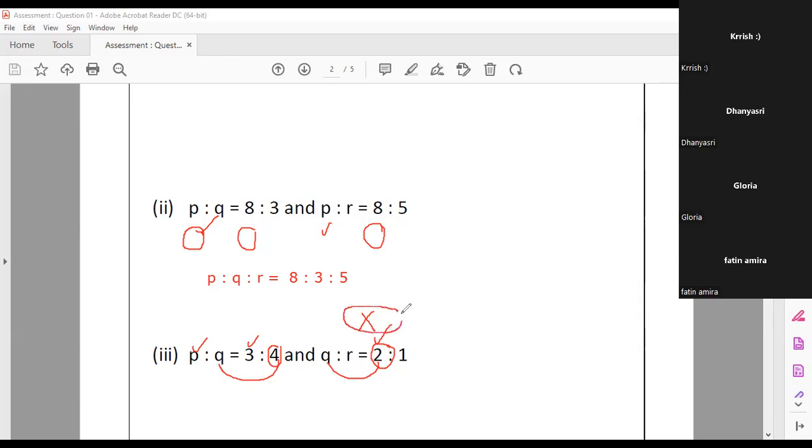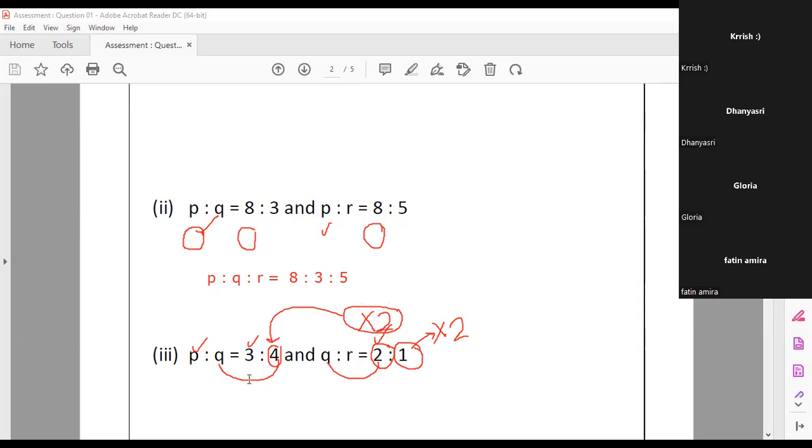So what number times 2 will give you 4? 2, exactly. Rishabh, continue. You have to do the same thing for the R. Yes, very good. So the R also will become times 2. Do you guys understand?